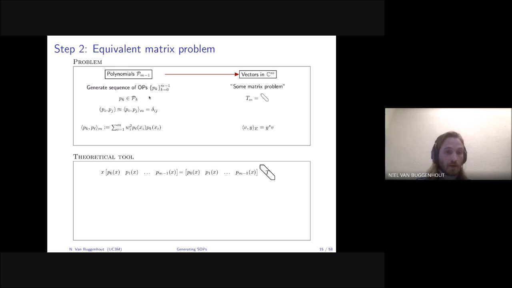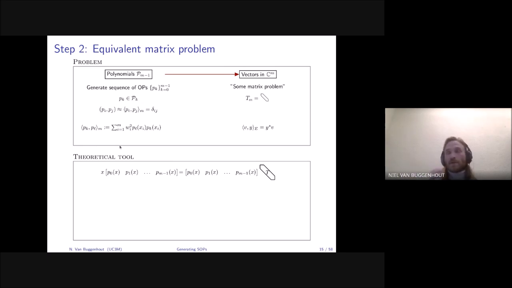And how are we going to make this connection? Well, we're going to use what is on the bottom, just the recurrence relation itself. Of course, here I don't have this extra term plus p_m anymore, because I only have a discretized inner product with m separate nodes.